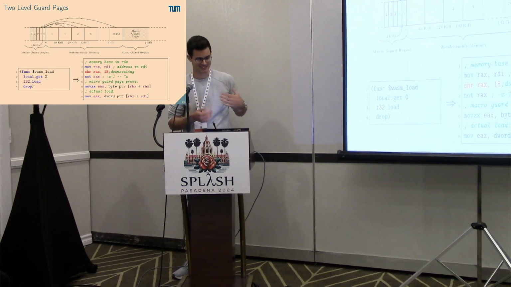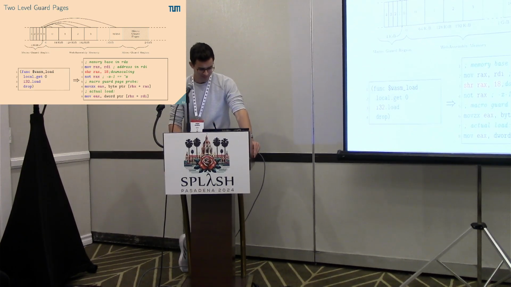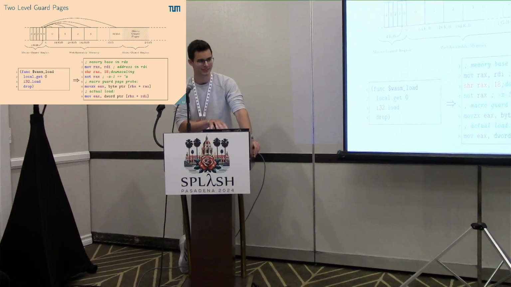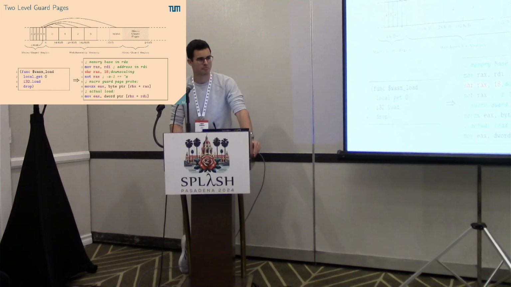We think, at least, this is a big opportunity for the CPU to optimize the execution of 2-level guard pages in particular, because you don't have that barrier of a branch in between. Thank you. I understand. Thank you very much.